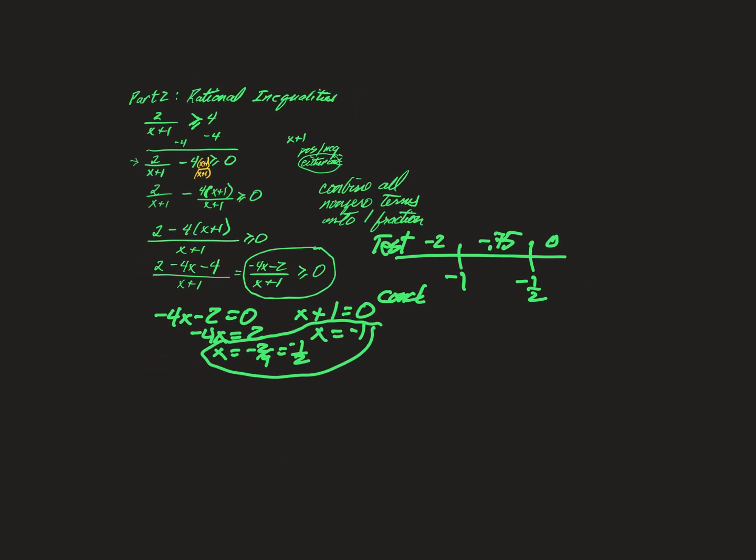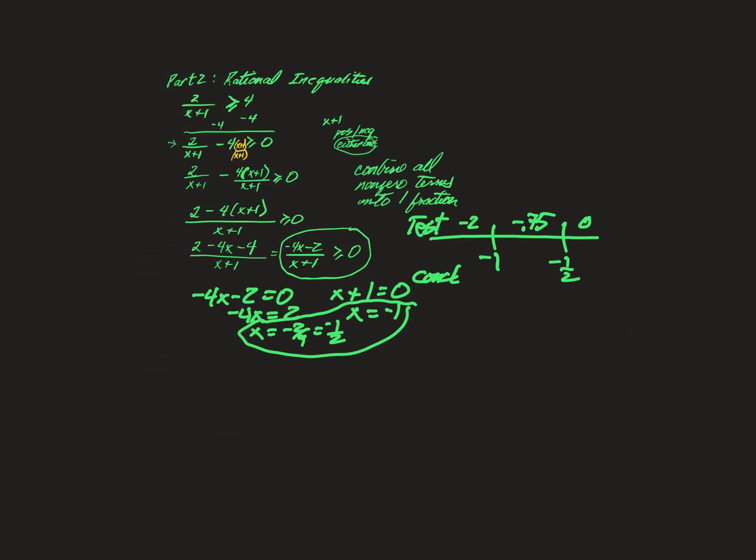So at this point, we need to take our test value and plug it into our simplified equation. Since we could simplify it, we can plug in the test values there. So we're going to have -4 times -2 minus 2 over -2 plus 1, which is equal to 8 minus 2, or 6, over -1, which is -6.